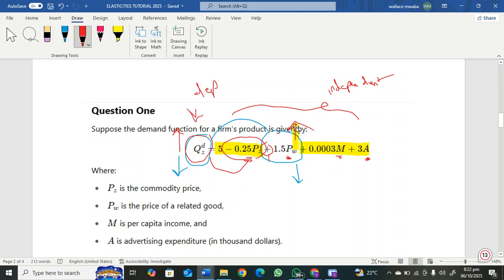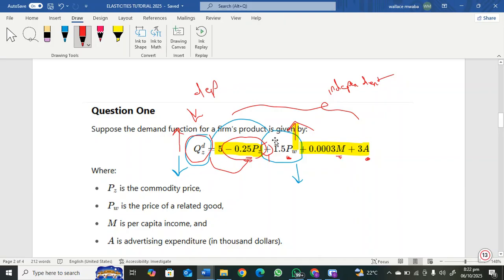Meaning, if PW goes up, the quantity demanded is also going to go up. That's a positive relationship. They move in the same direction. Negative, they move in opposite directions. So if the price of good W goes down, quantity demanded of good Z goes down.